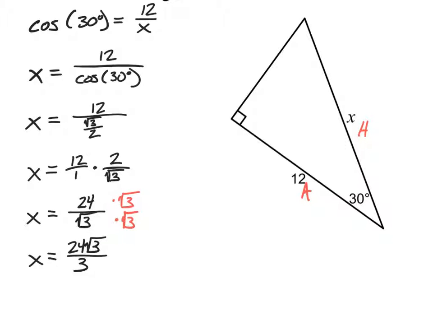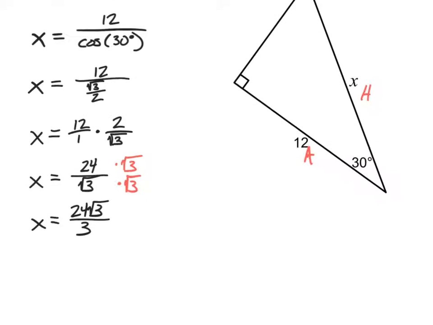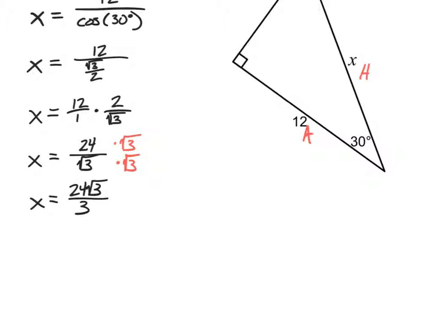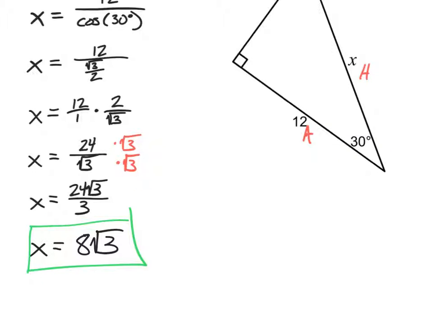Are we done? No. We're not, because even that can simplify some. And so, we're going to do so. Divide top and bottom by 3 in this particular case, and you end up with 8 root 3. And now, you're done with that one.